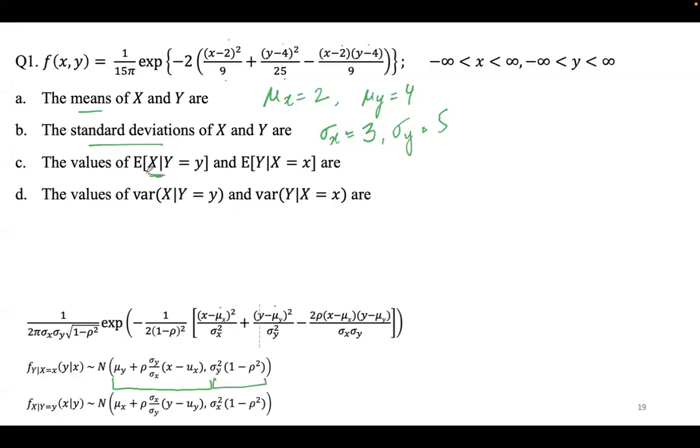So this term comes from here. If you number 1, 2, 3 and 4, then this is 1, this is actually 3, this is 2, and this is 4 here.